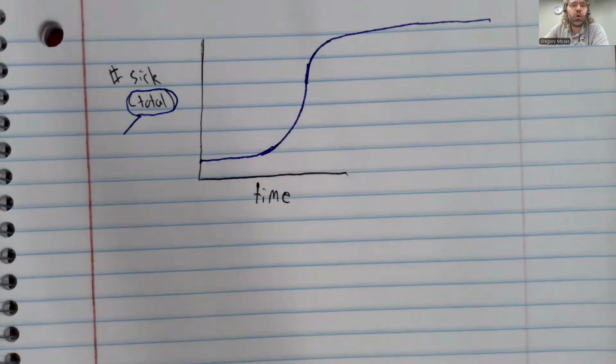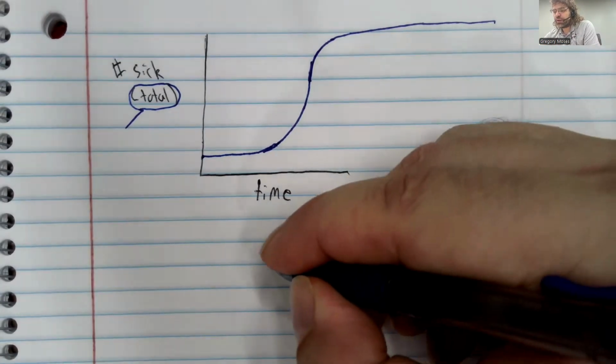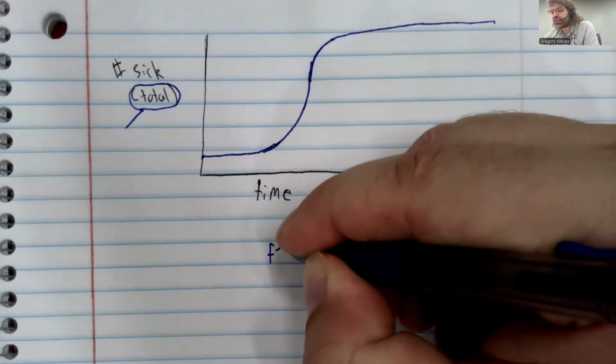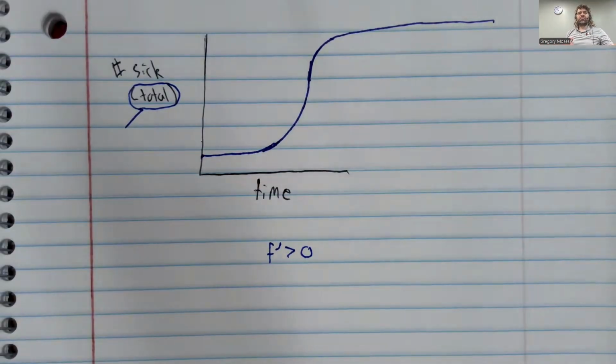This is the total number of people who have ever gotten sick. It doesn't make sense for it to go down. So this function's always increasing from the point of view of the first derivative. The first derivative is always greater than zero.